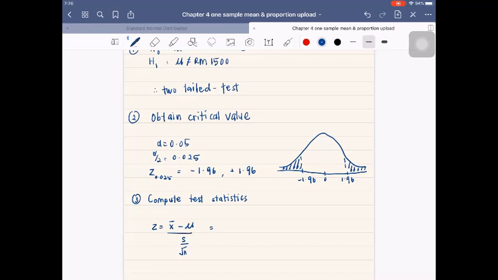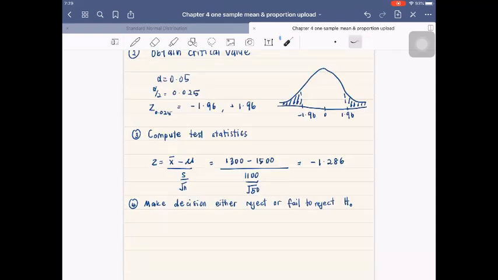We substitute the value of x bar, which is 1,300, minus the mu 1,500, divided by s over square root of n, 1,100 divided by square root of 50. We have our Z equal to negative 1.286.